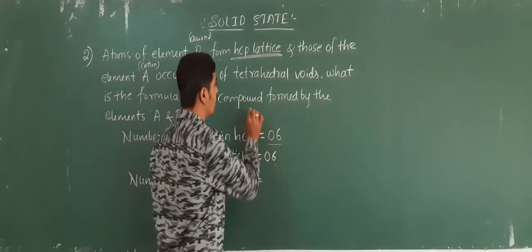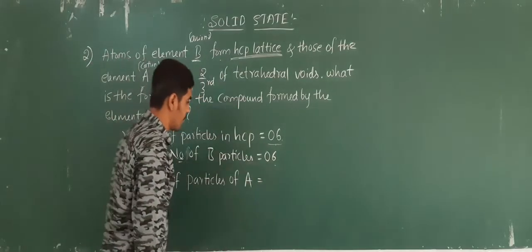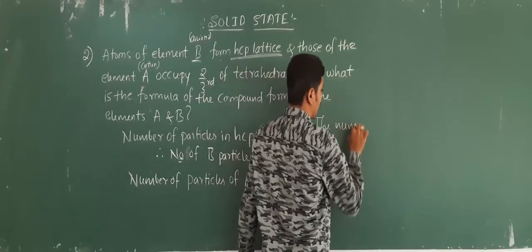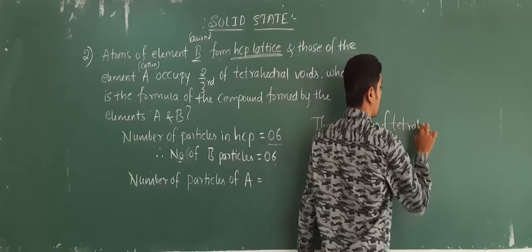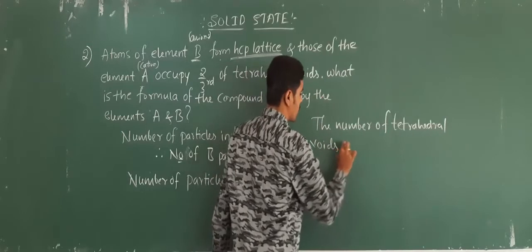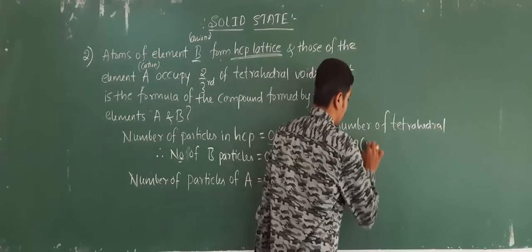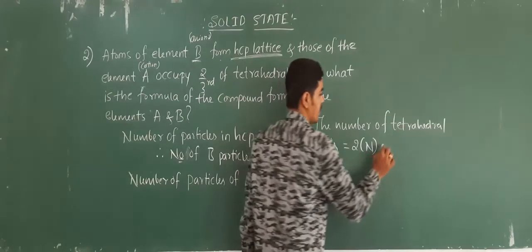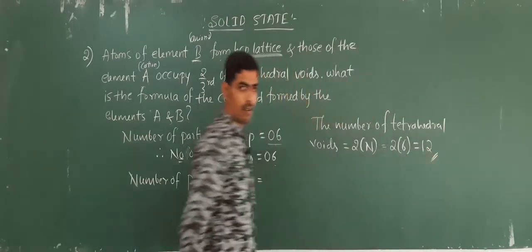So first you should know how many tetrahedral voids get formed. Since the number of particles is 6, the number of tetrahedral voids formed will be twice the number of particles, and hence it is equal to 2 into 6, that is equal to 12.